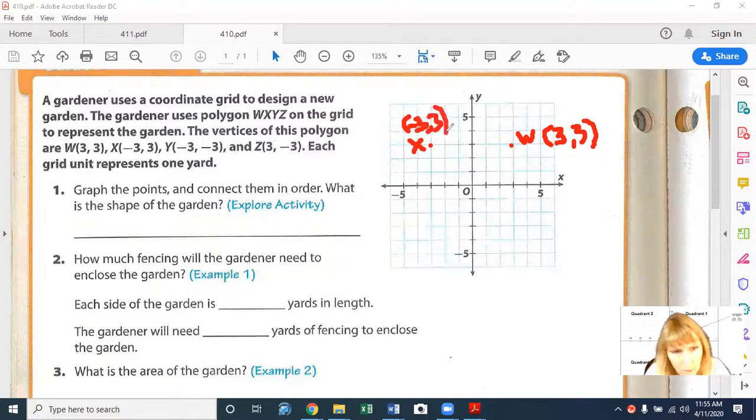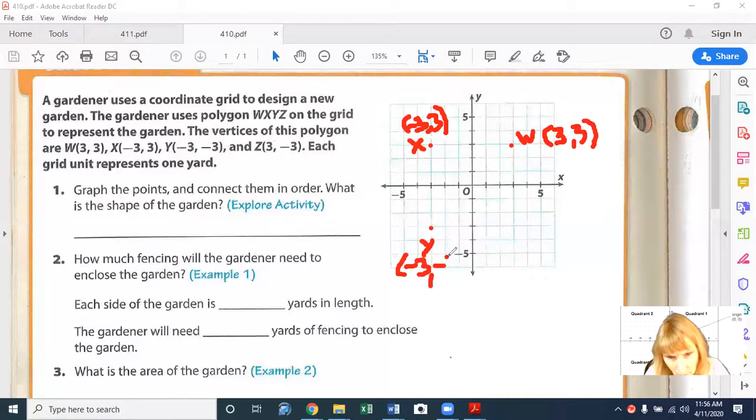Trying. And then Y is negative 3, negative 3. 1, 2, 3, down 3. 1, 2. Look at how you're going to get a point in each quadrant. Wow, that's exciting. Okay, Y is then negative 3, negative 3.